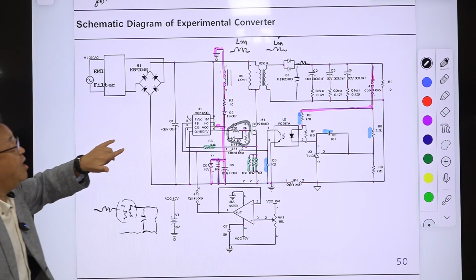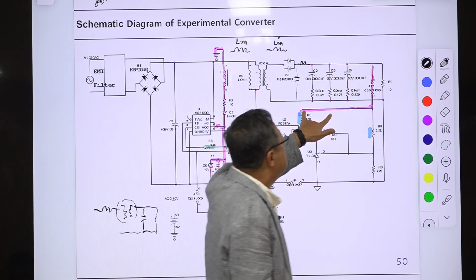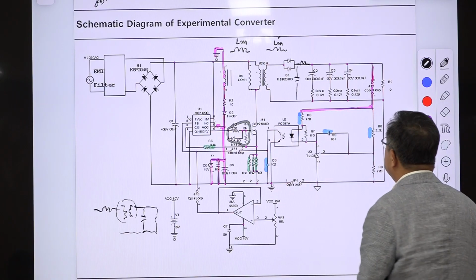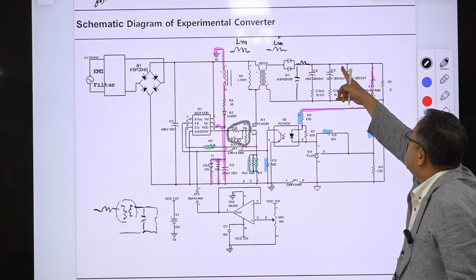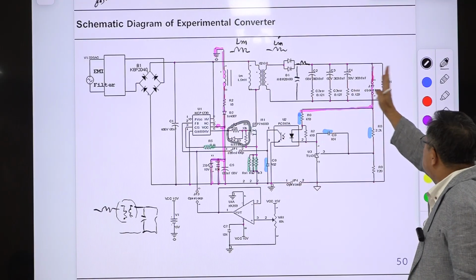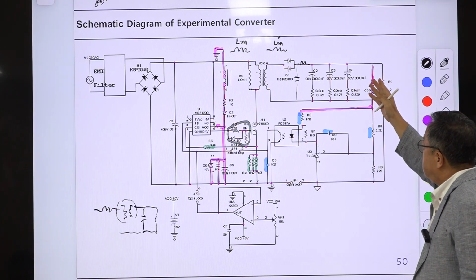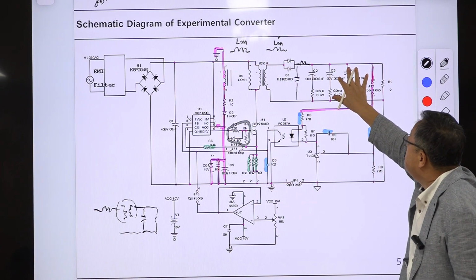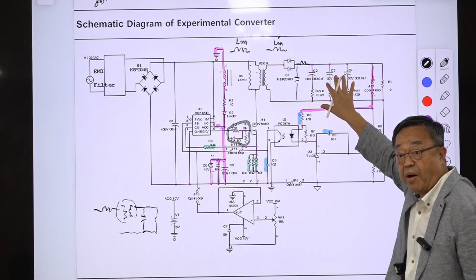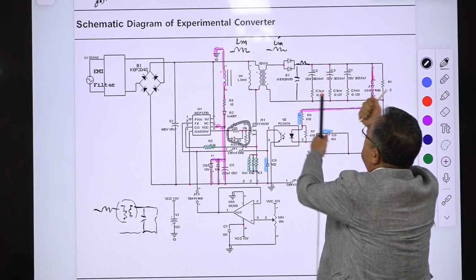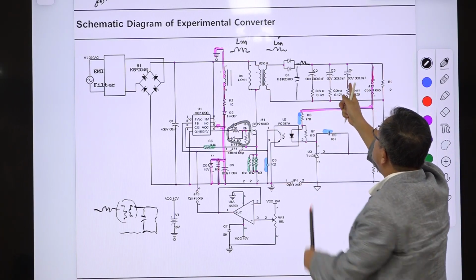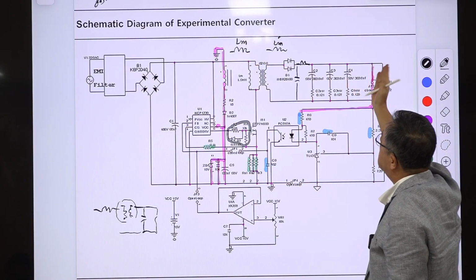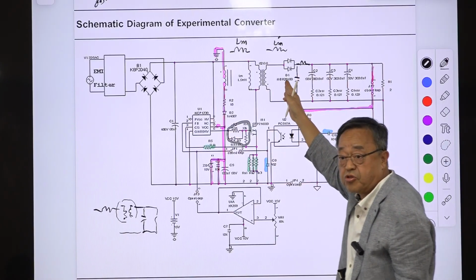This is the original flyback capacitor. This is large. The reason for placing it here is that there is some additional parasitic capacitance coming in this part, and that will be merged, smeared into this large capacitor. If you change the order of this capacitor, then the parasitic capacitance will influence this much.